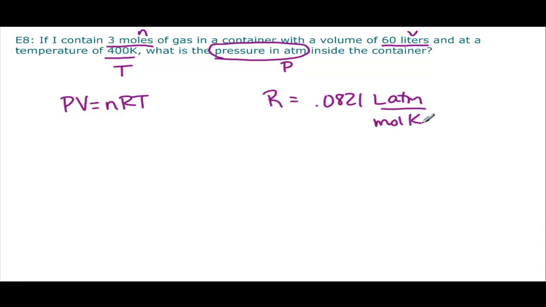Now we're going to plug in all of our numbers. We're going to solve for pressure. So pressure is nRT over V. I'm going to do this down here where I've got a little bit more room.